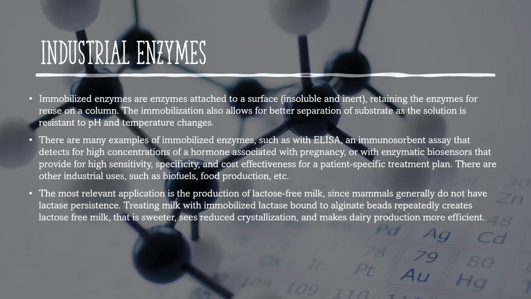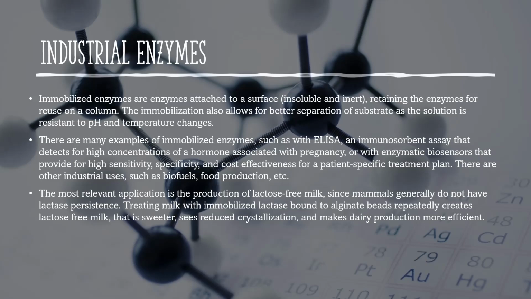That's why a lot of people are lactose intolerant as adults. They just stop producing the enzyme. So we can treat milk with immobilized lactase, and that lactase will break up the lactose, and then those people can drink lactose-free milk without having all the indigestion.